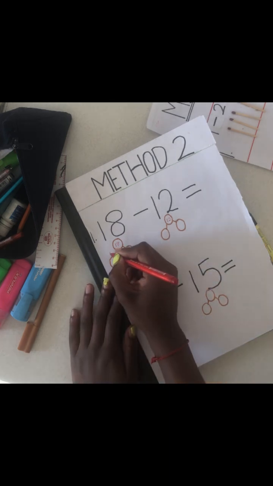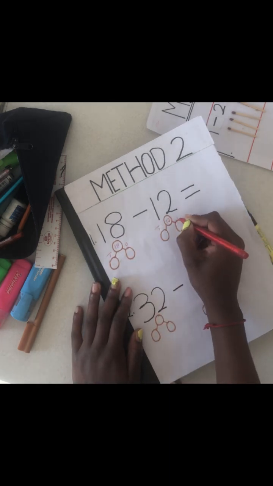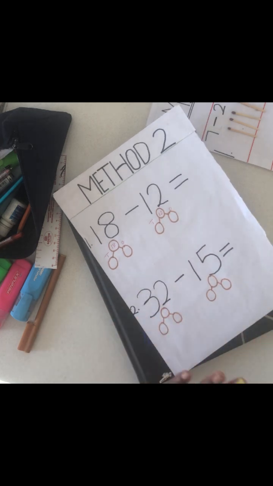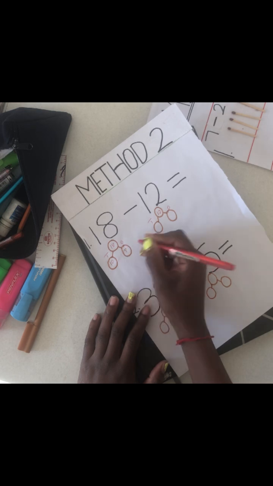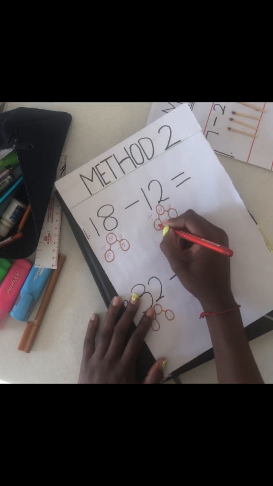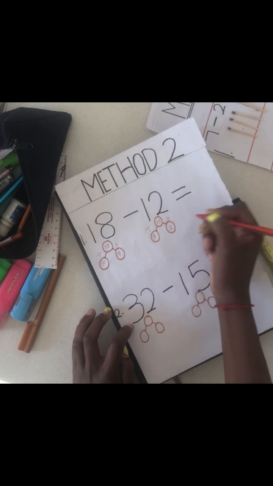So this side is the tens and this one is the ones. So we're going to separate them. So we're going to say 10 and here we're going to say 8. Same as this side, we're going to say 10 and on this side we're going to say 2, right?